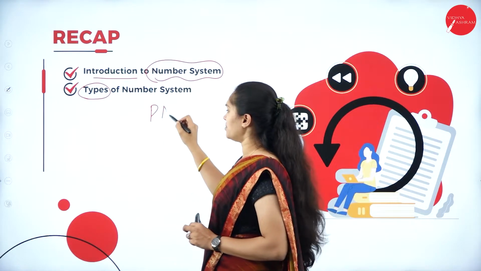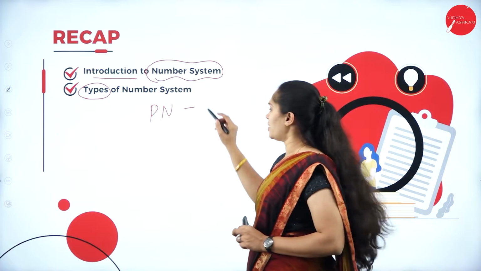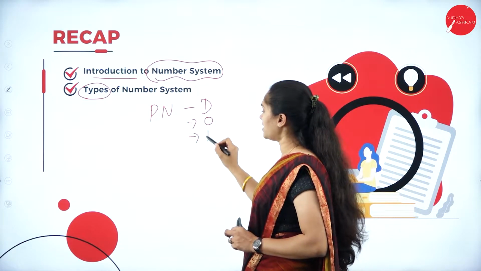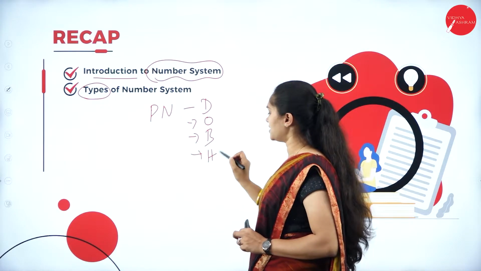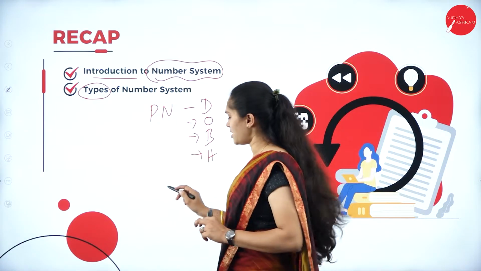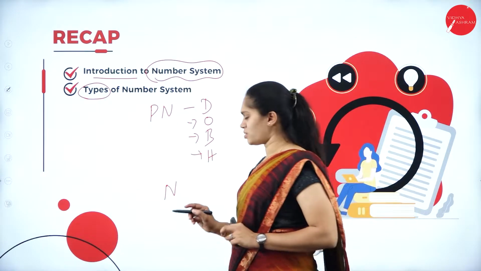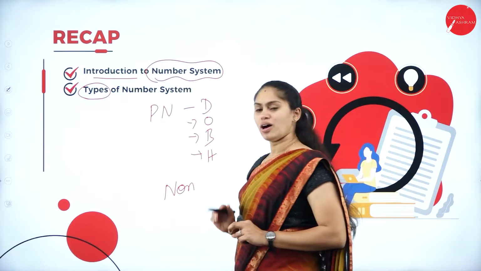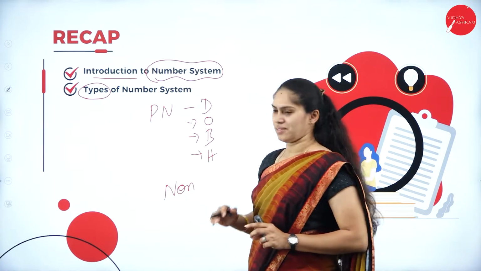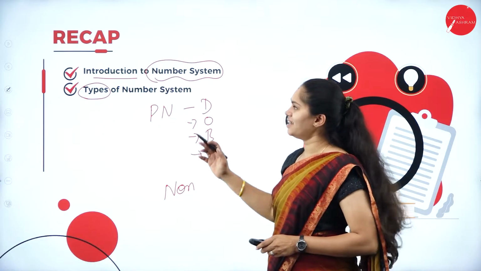The positional number system is of 4 types: decimal, binary, octal, and hexadecimal. We have one more type, the non-positional number system, under which the Roman number system comes. This is what I discussed in the last session.